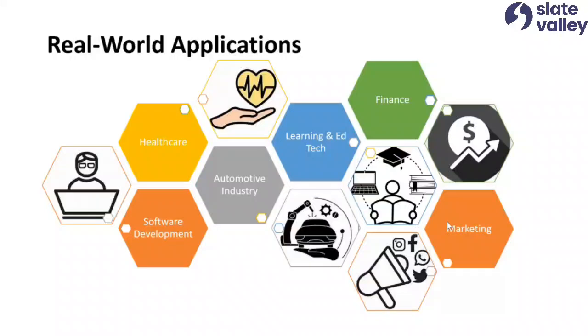Learning and edtech. This is one industry which has benefited more by Agile, including software development and healthcare, automotive, finance, marketing. Marketing is one key industry which was helped by Agile, because marketing campaigns used to take years to design a campaign and go for it.